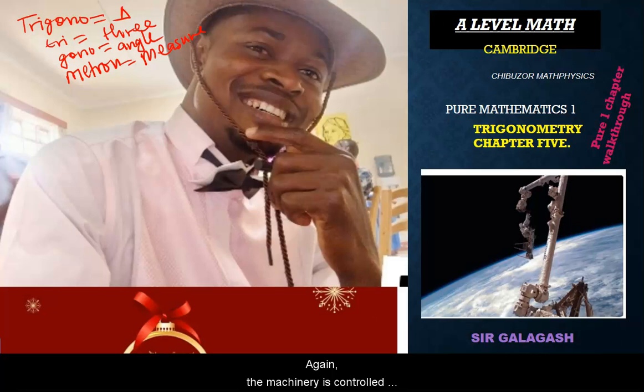The machinery is controlled by changing the angle of its joints, which requires repeated use of trigonometric functions. And that is why we say that mathematics is not just in life, it is part of life. And we use it every day. So here you can see that mathematics involves what we do every day.